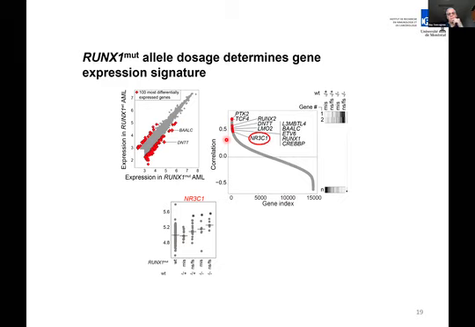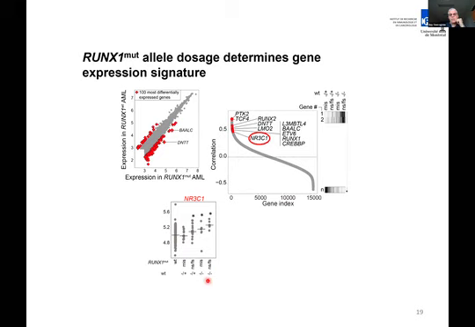But something quite interesting, which I mentioned earlier, is that we saw a very distinct signature for these RUNX1 mutated patients. And when you start to look at genes that are correlated, well, they're all correlated as part of the signature. And in fact, the strength of the RUNX1 mutated alleles matters.